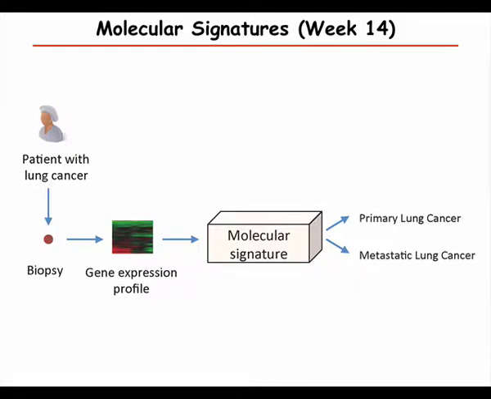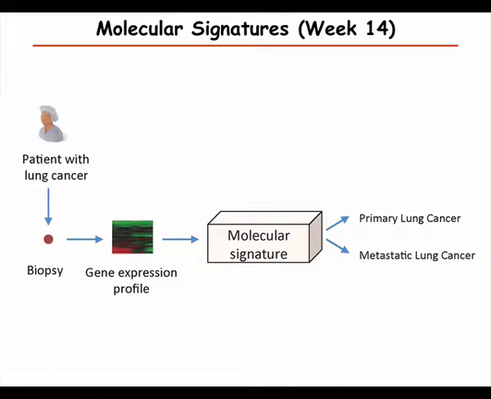What we can use these signatures for is, for example, we take a biopsy and then take a profile, in this case a gene profile, and compare it to a molecular signature to decide whether it's primary or metastatic lung cancer in this case. Usually we don't just want to make these distinctions, but we want to use those to change the treatment and improve it so that everyone can be treated the right way.